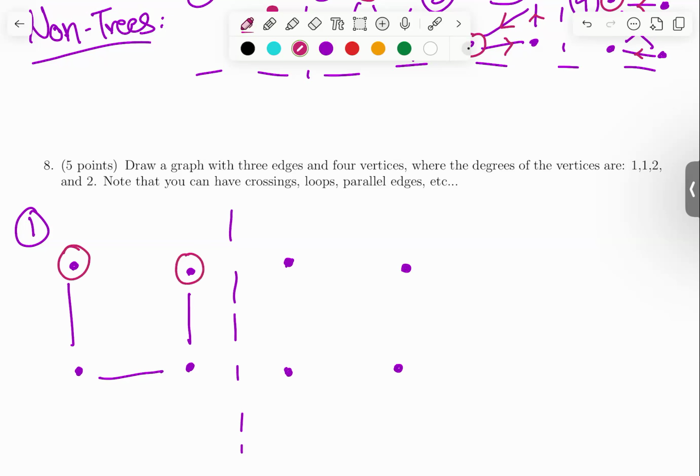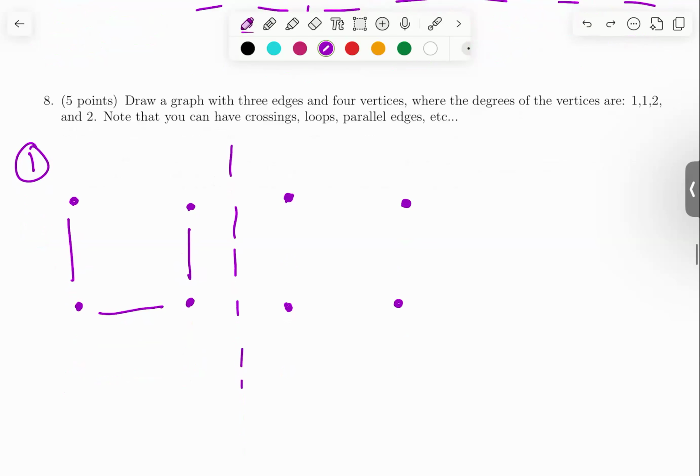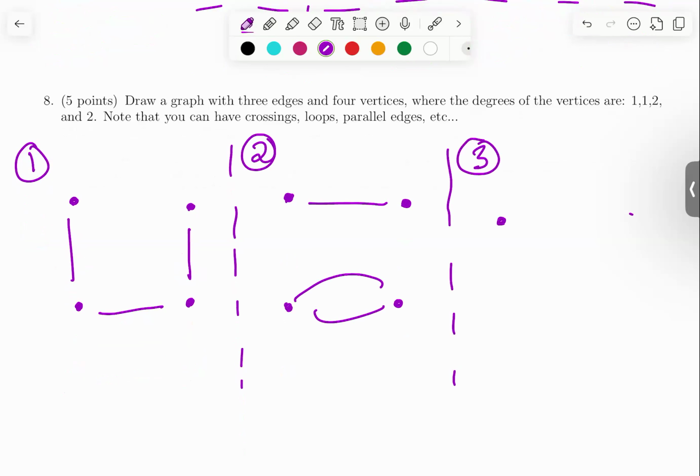This one also has degree 1, and then these 2 have degree 2. Number 2, you could have something like this that has 3 edges. You could also have something like this.